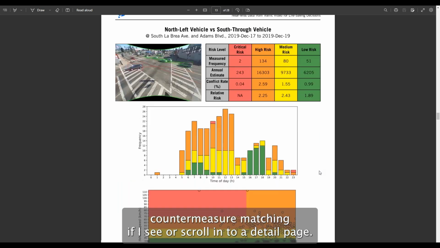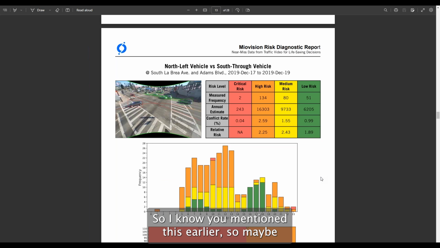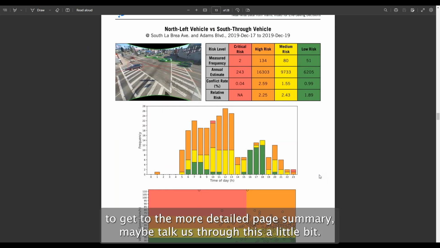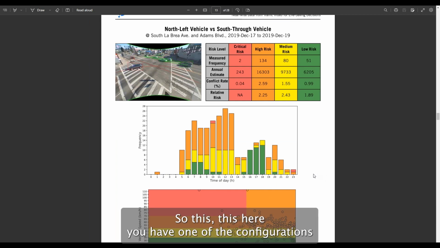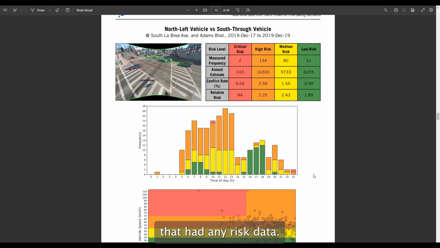I see you're scrolling to a detail page. Yeah, so I know you mentioned this earlier, so maybe the next step in your workflow is to get to the more detailed page. So maybe talk us through this a little bit. Right. So here you have one of the configurations, actually any configuration on that bar chart that had any risk data.